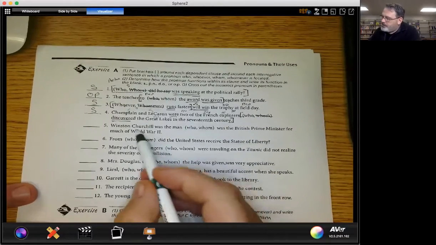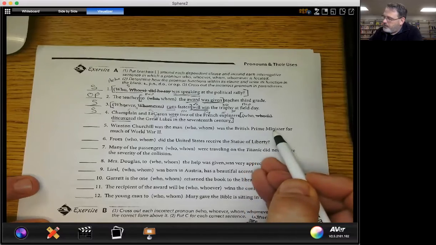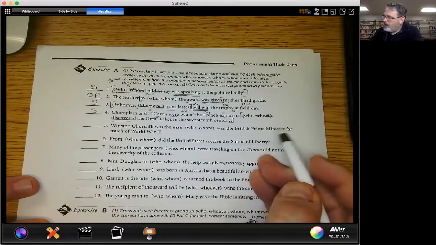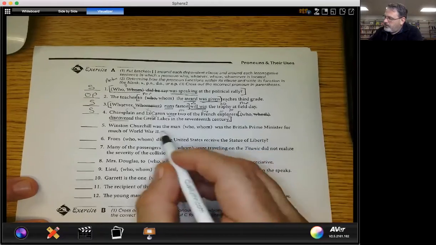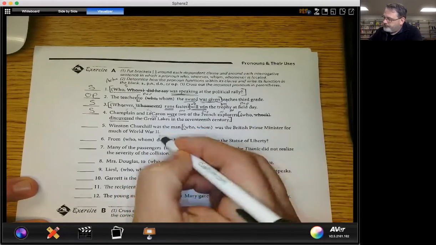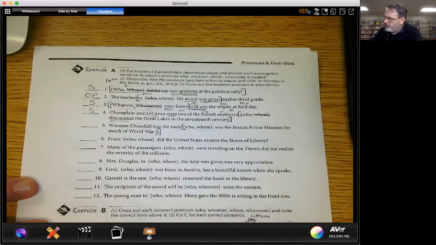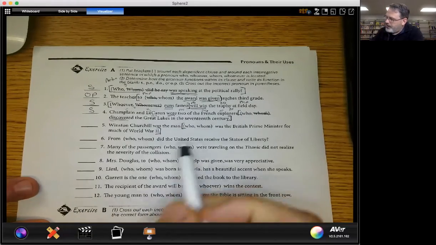That's it. Winston Churchill was the man who or whom was the British Prime Minister for much of World War II. Well, let's just find the dependent clause now. Winston Churchill was the man. That's the independent clause. And then I guess that's an adjective clause because it's describing the man.